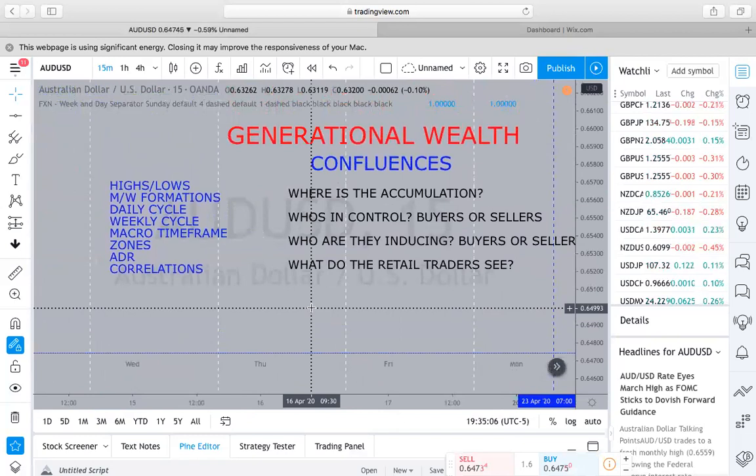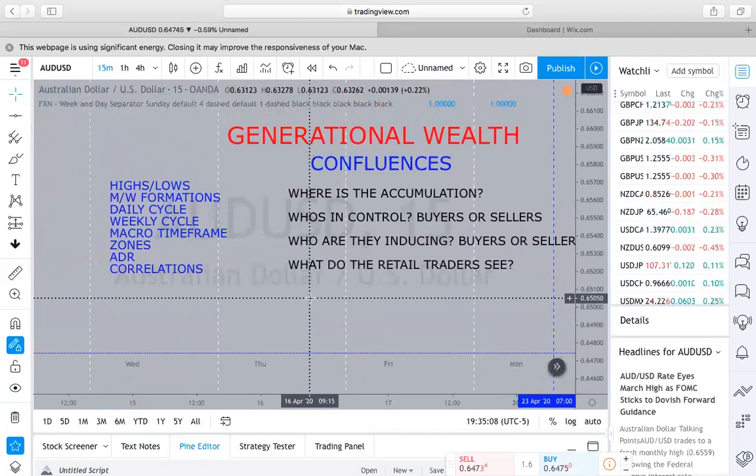So where's the accumulation? Who's in control? Who are they inducing? Remember, they're going to induce both. But who do you identify when it's a downtrend or an uptrend? What do the retail traders see? That way you know exactly who they're inducing.